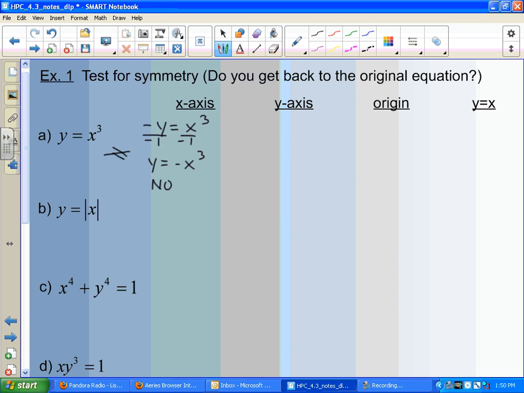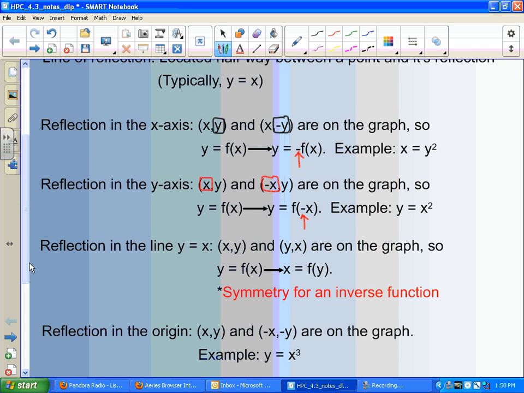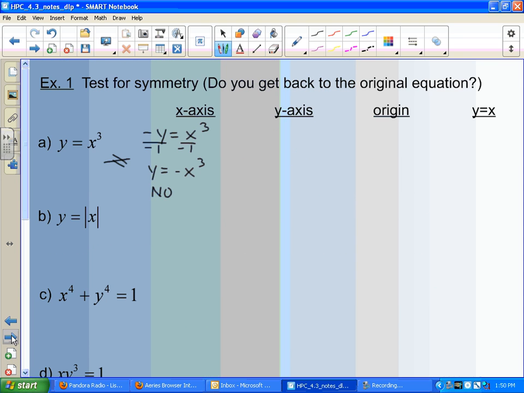No symmetry there. What would you do for the y-axis? Great question. If I switch the y's for the x-axis, what do you think I switch for the y-axis? The x's. So we're going back to this, right? Reflection in the x-axis, the y's are opposites. Reflection in the y-axis, the x's are opposites. So I'm just applying that in these rules right here.